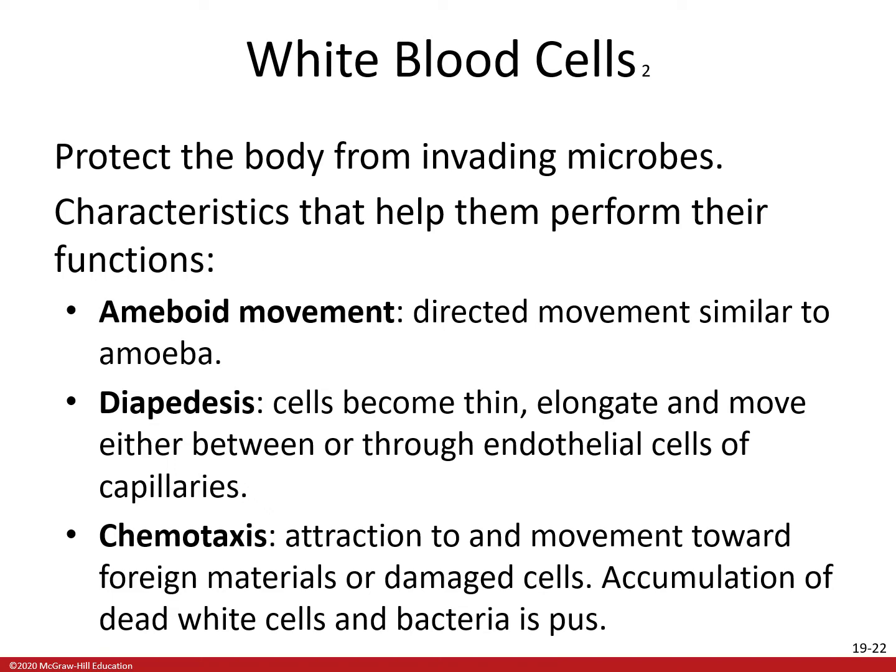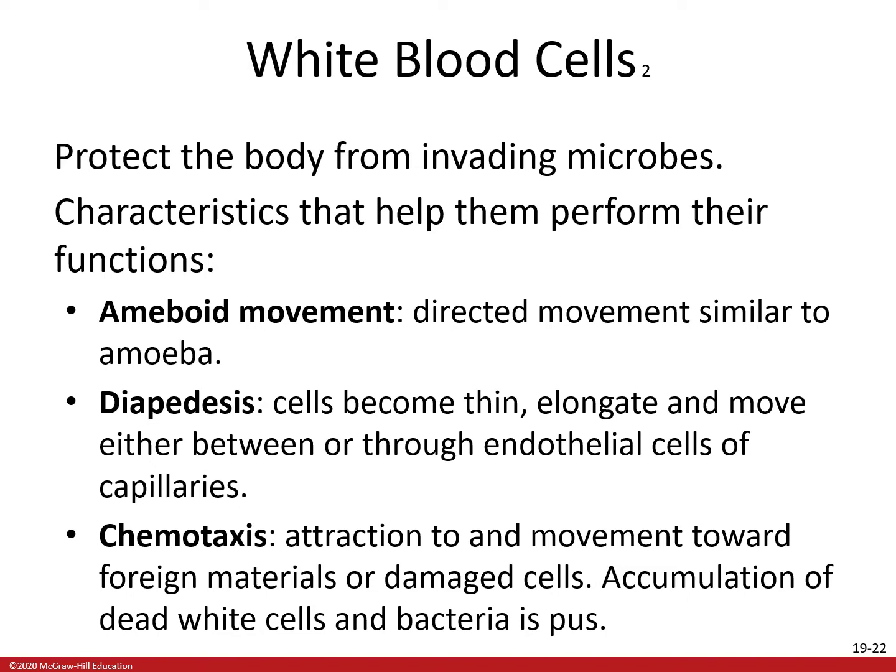But it's making yourself very thin in order to kind of squeeze through the cracks, if you will. So the white blood cells are going to be able to do this, and this is more of an ability to leave the cardiovascular system to get out into the surrounding tissues, possibly to an infection or wherever it's needing to go to.